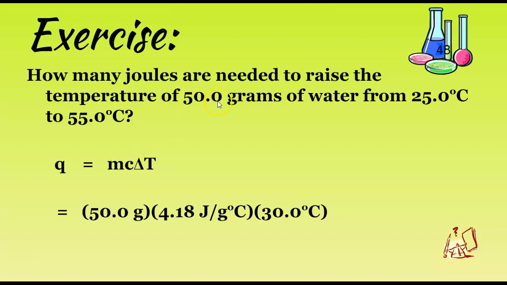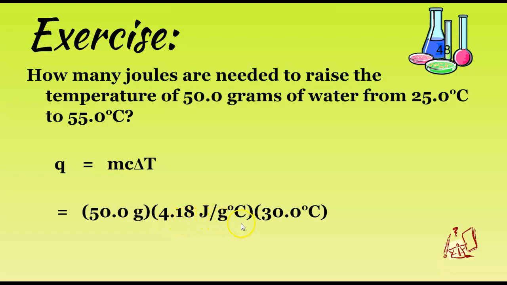It gives you a mass of 50 grams. So all I have to do is plug in 50 g right here. I need specific heat. Oh, but Miss, it doesn't give me specific heat. But it does, because it says water. And on the front page, Table B, you will find the specific heat for water, which is 4.18 joules per gram Celsius.